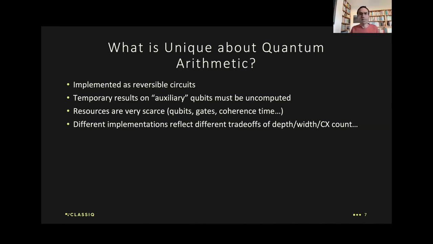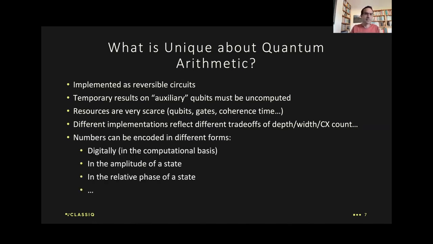We have different implementations for arithmetic operations, and I'll show you just a little example in a minute. And they reflect different trade-offs. So that relates to using your very scarce resources wisely. And actually, these different implementations are also related to the fact that you can encode numbers or data in different ways on quantum computers.